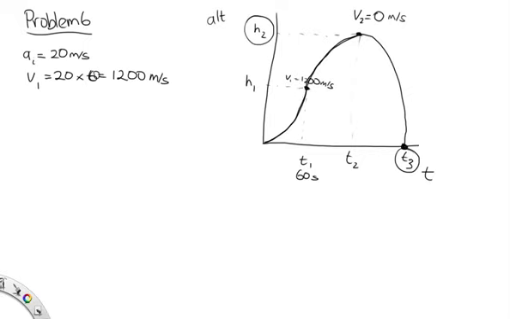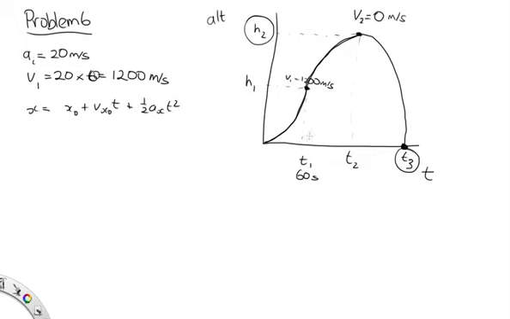And now what we're asked to find out is this height here. So what we can actually use is the equation x is equal to x0 plus the initial velocity times the time plus a half a_x t squared.